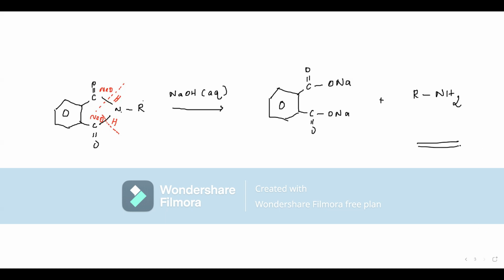Now, let me explain the same once again with a specific example. I'm beginning with phthalimide, right? This is the structure of phthalimide. Phthalimide is to be treated with alcoholic potassium hydroxide, and the H and the OH connect together to give us water.